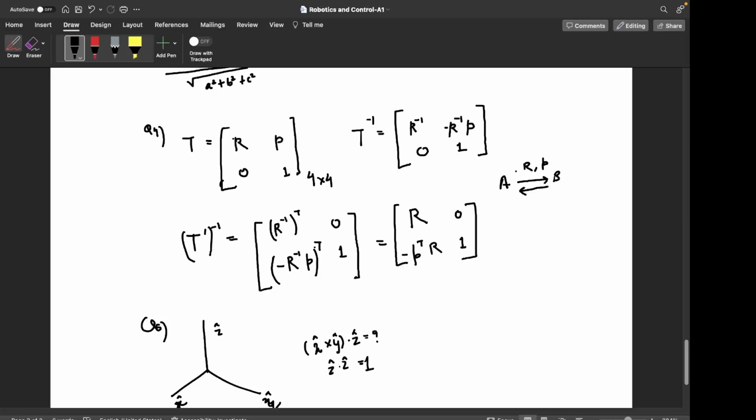Let's say P is a 3 cross 1 vector, P1, P2, P3. It would help to be a little bit figurative, so let me draw some pictures here.